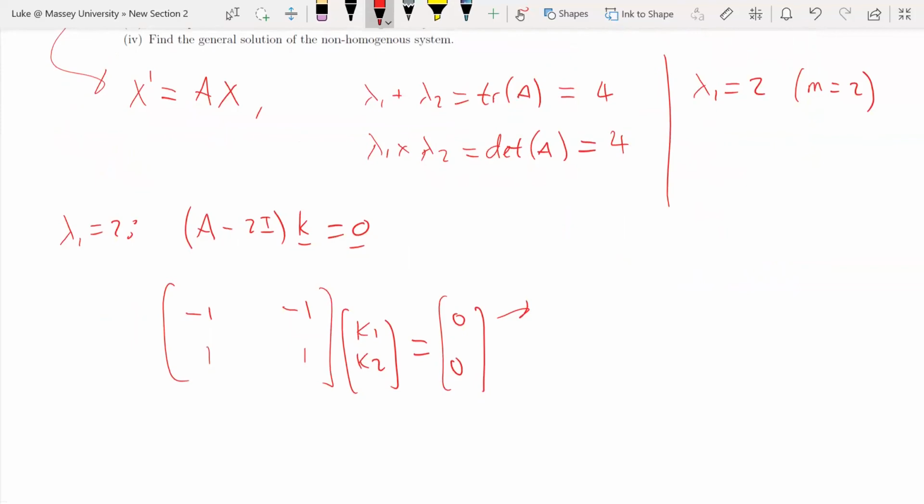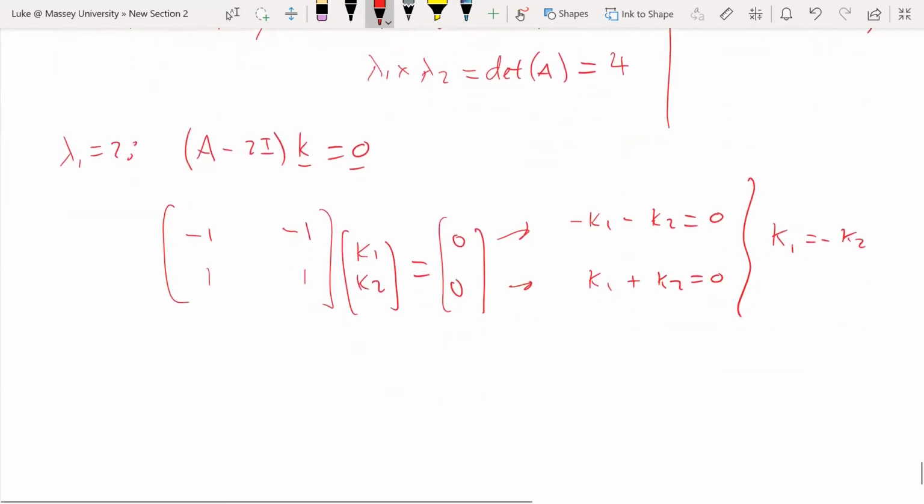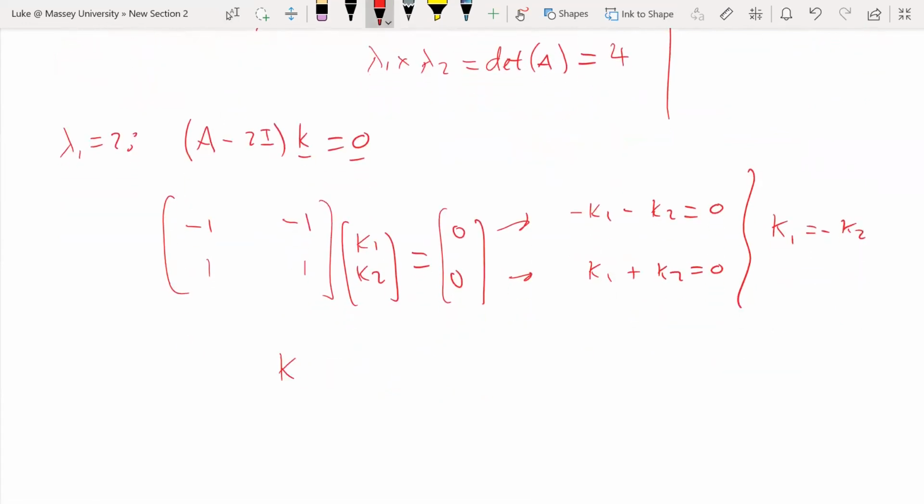The first line is telling me negative K1, negative K2 equals 0. The second line is telling me K1 plus K2 equals 0, and they're both telling me basically K1 equals negative K2. Or in other words, my eigenvector is 1, negative 1.